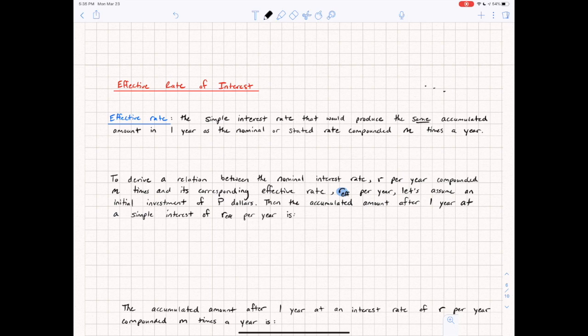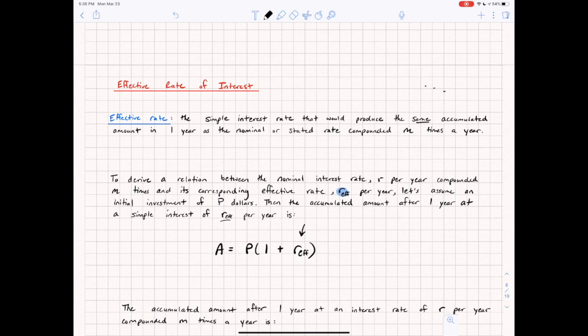Let's assume that there's an initial investment of P dollars. Then the accumulated amount after 1 year at a simple interest rate, which is the effective rate, I'm going to express as A is equal to P times 1 plus R EFF. And again, this is after 1 year. Notice this is taken from the simple interest formula from earlier. The rate again would be the effective rate.